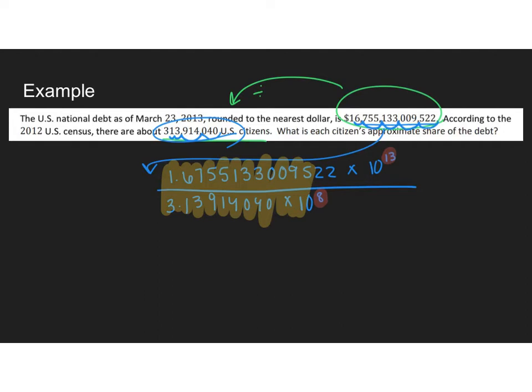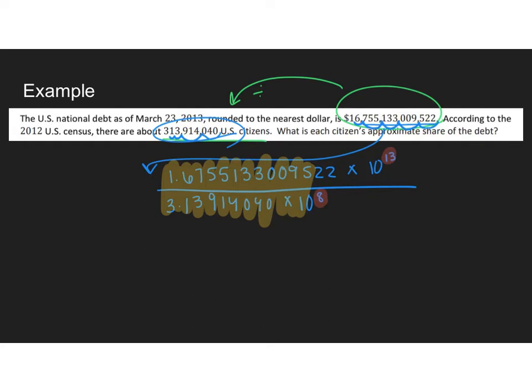Let's do this in our calculator real quick. We have 1.6755133009 divided by 3.13914040.